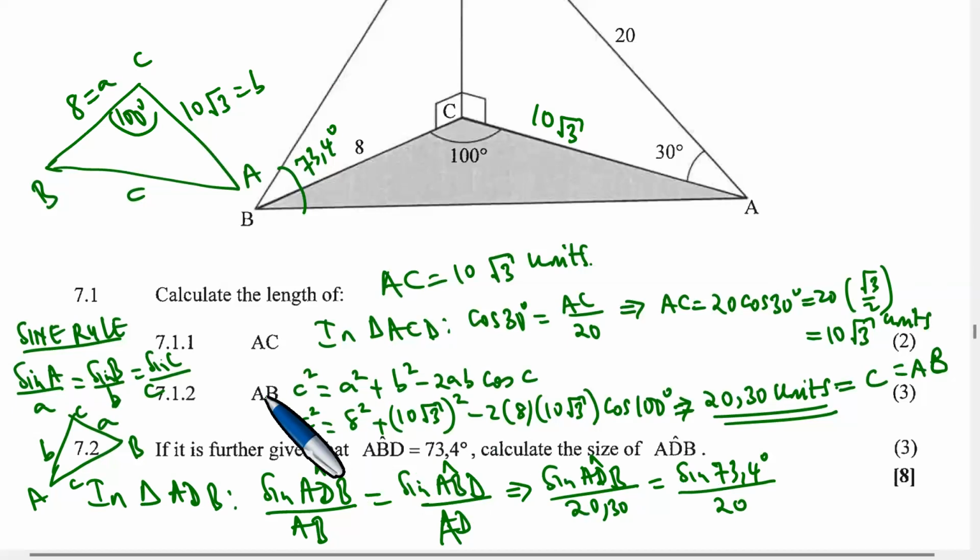Because we wanted to get AB, we used the cosine rule in the triangle: C squared is equal to A squared plus B squared minus 2AB cosine 100. Then you take the square root.